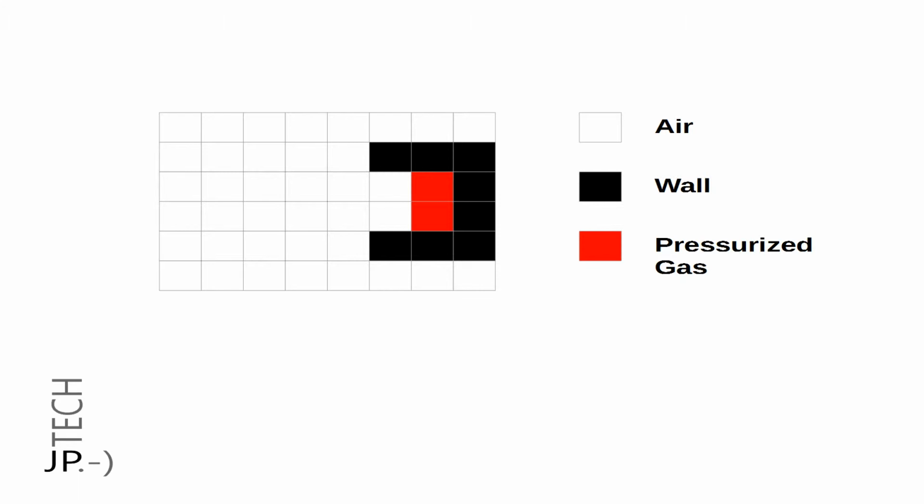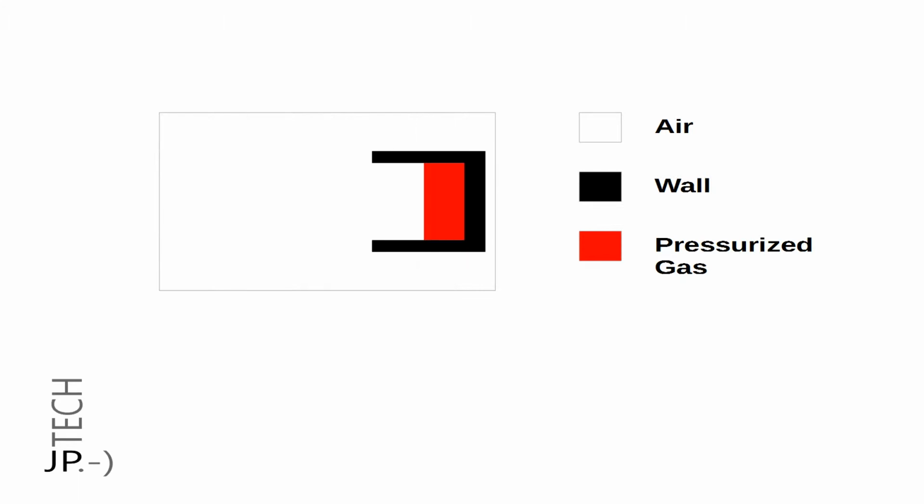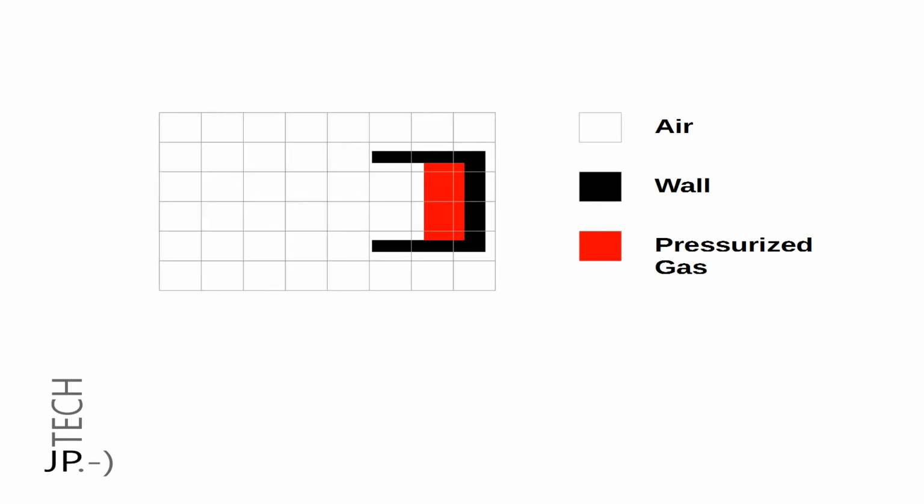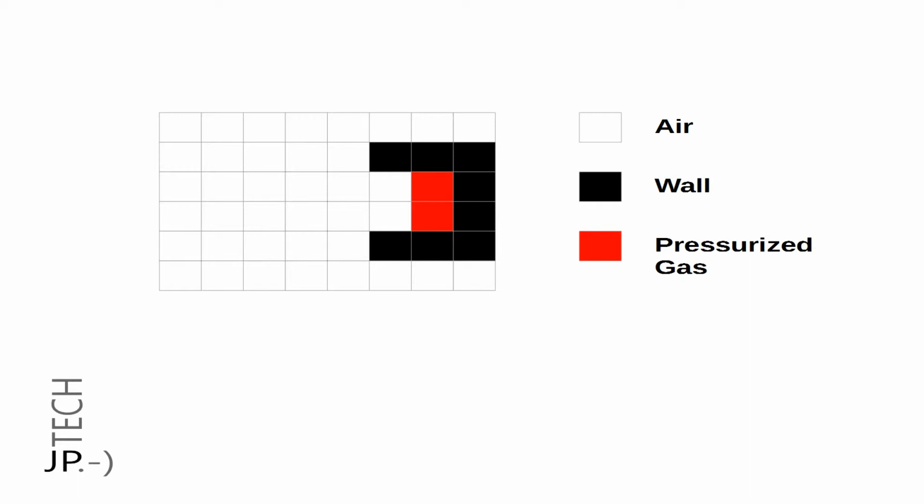So a very simple way to build this model is to start with a bitmap. We paint the walls, we paint the gas on a white background, and then the bitmap becomes our input. We do this by overlaying the cell grid and then extrapolating each color into a cell type.